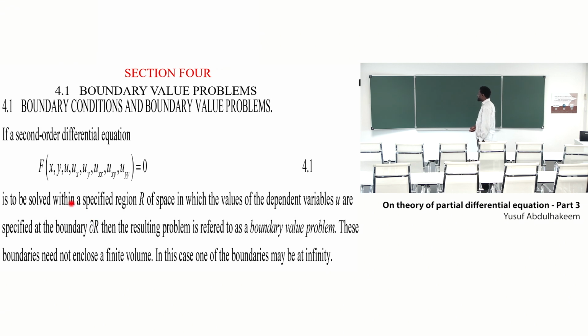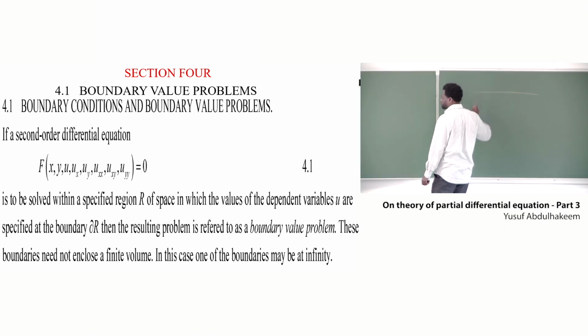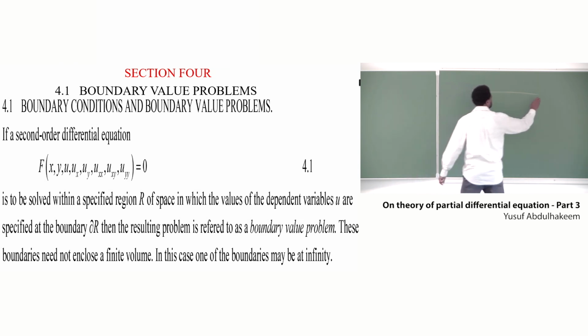This is the general form of the second order partial differential equation, to be solved within a specified region. Now that we are talking about a boundary value problem, it means we are seeking the solution of this problem in a given region, or space, in which the values of the dependent variable u are specified at the region boundary. Let's assume we have a space like this, and these are the boundaries.